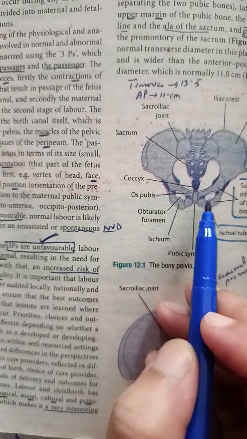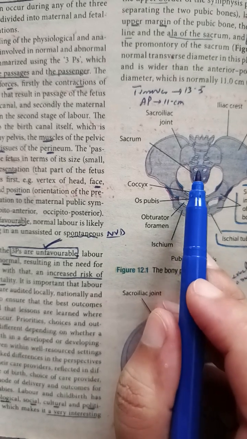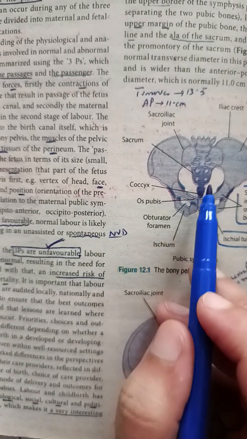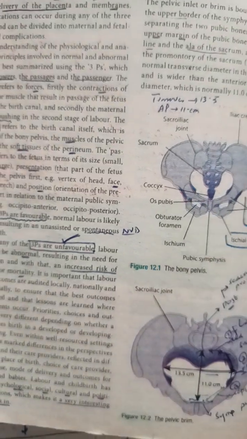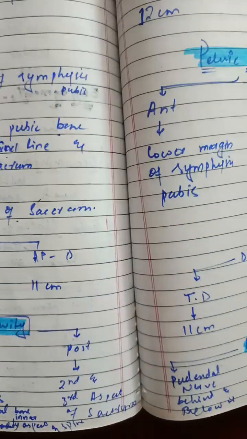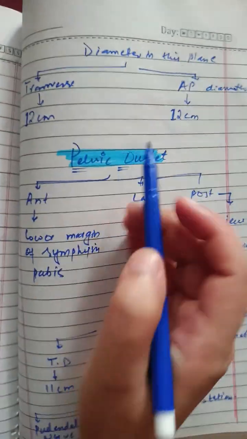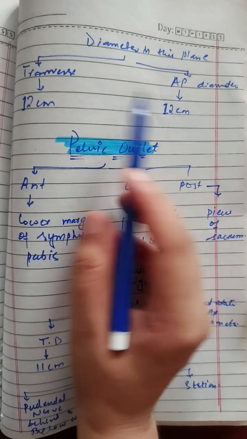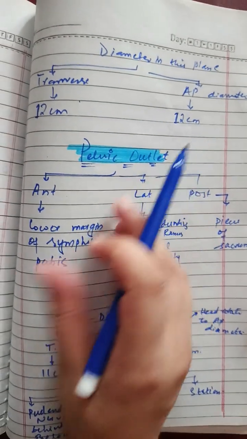This is the pubic bone, and this is the obturator fascia. Posteriorly are the second and third parts of the sacrum. Now coming to the diameters of the pelvic cavity, both the anteroposterior diameter and the transverse diameter are equal.